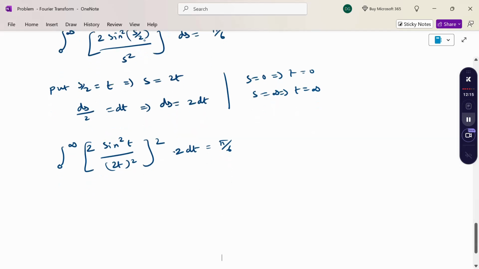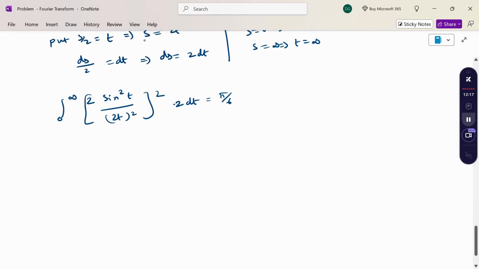Expanding this, we get 4 times the integral from 0 to infinity of sin power 4 t divided by (2t squared) whole squared, which is 4t squared squared, so 16 t power 4, times 2 dt, equals pi by 6.